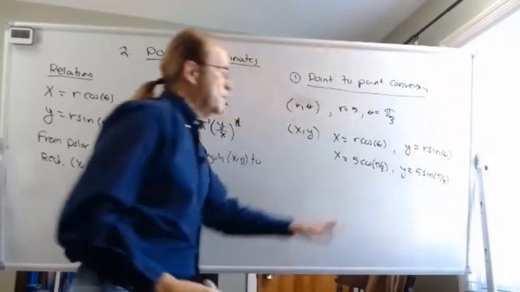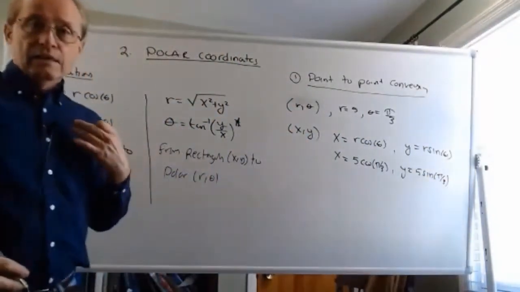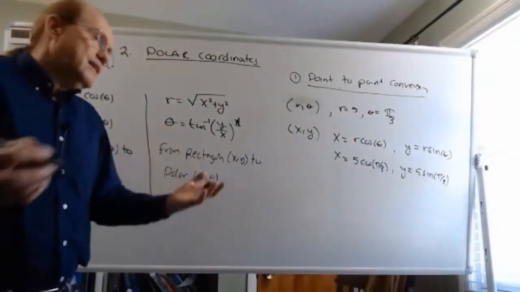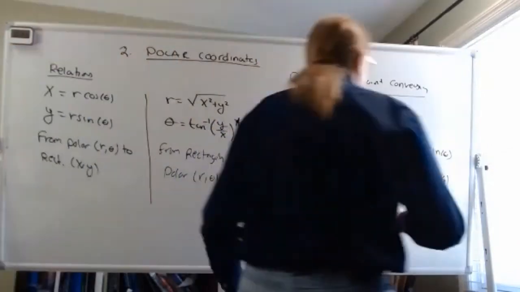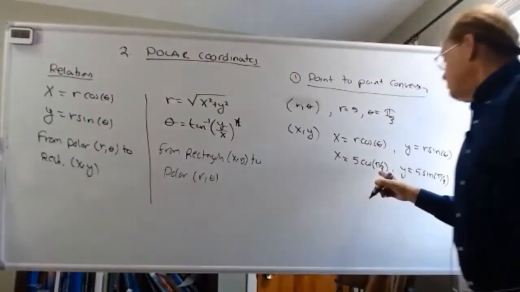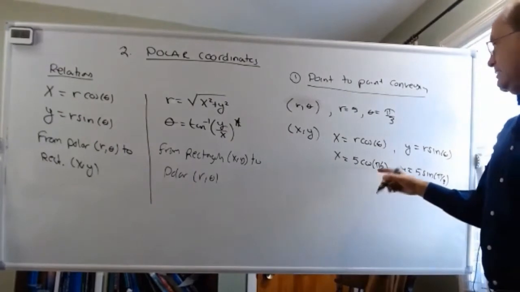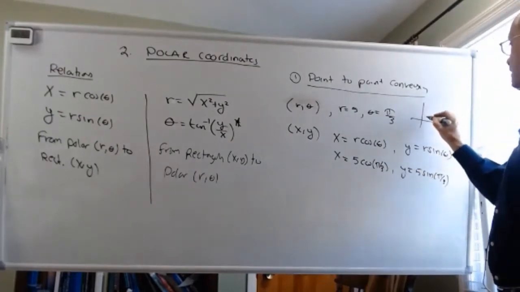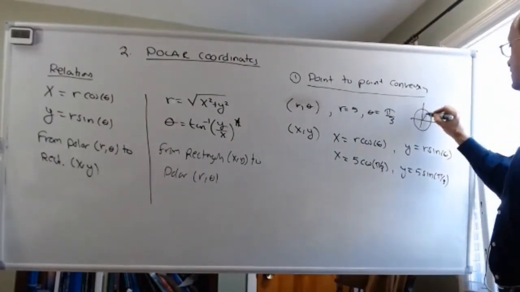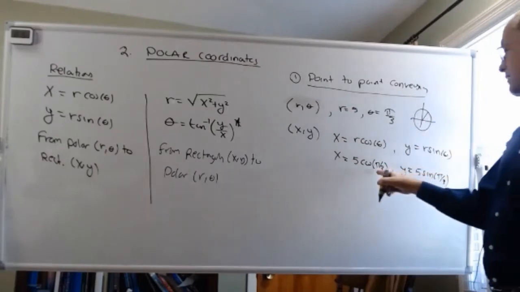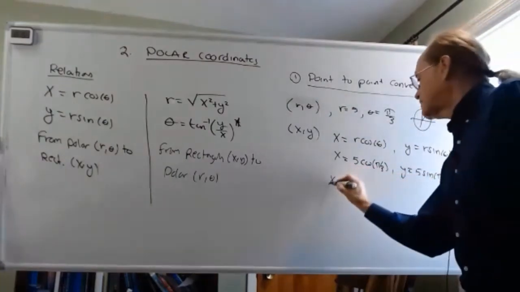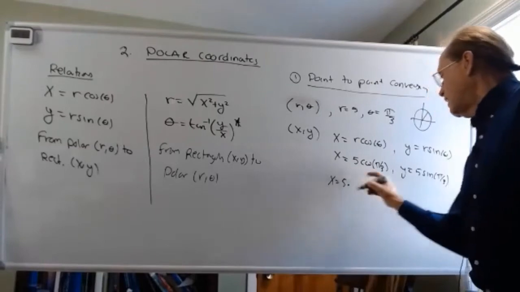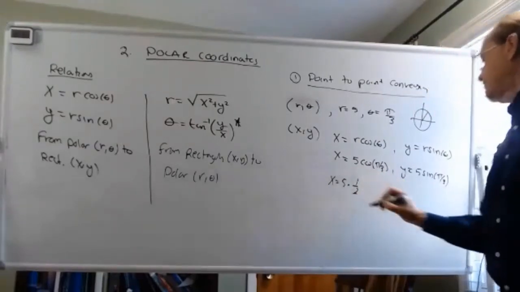Well, we like to go, if we can, to the exact values. If you can't, then you have to use your calculator and an approximate value. But this is 60 degrees. And again, think of your unit circle. Here my angle is 60 degrees. The cosine is a half, so x is equal to 5 times 1/2.